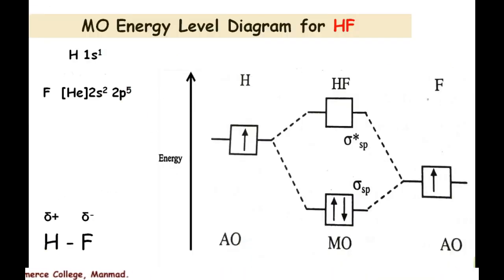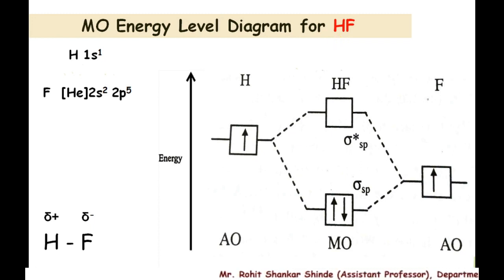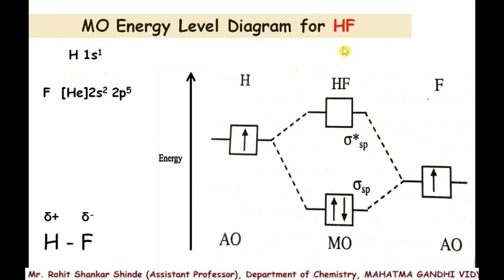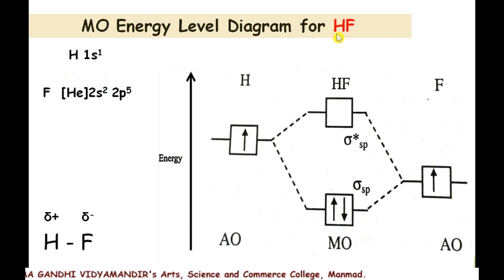Now let us see formation of HF molecule. Molecular orbital energy level diagram for HF molecule. HF molecule is also a heteronuclear diatomic molecule, because this molecule is formed by combination of two atoms of different elements. In case of HF, hydrogen fluoride, hydrogen is less electronegative than the fluorine.